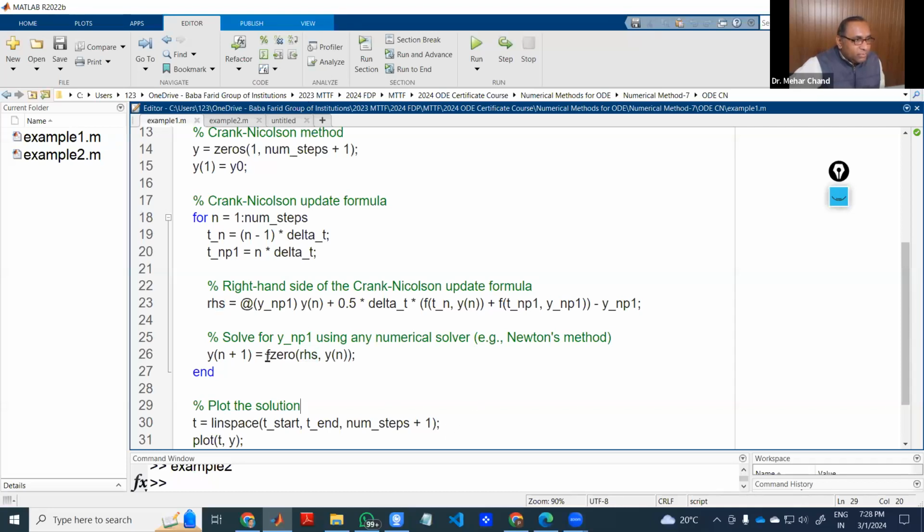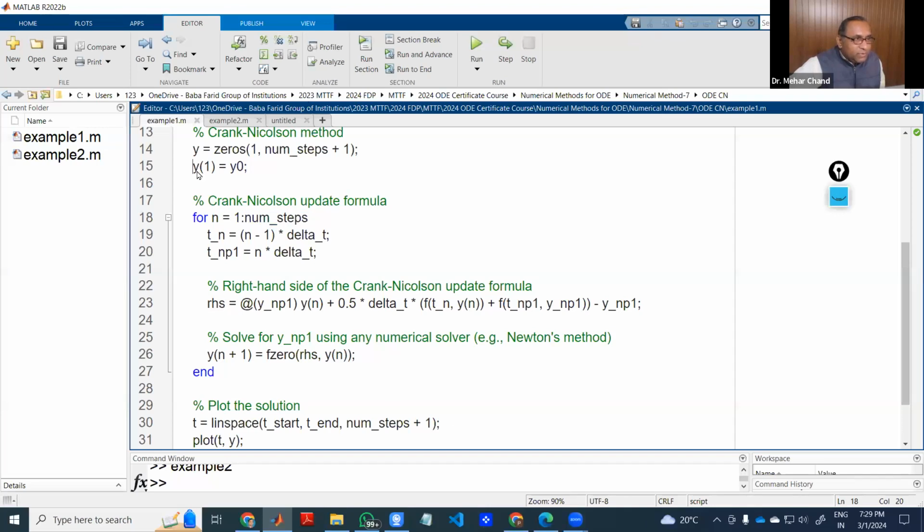Here the right hand side corresponds to yn, and we are using the zeros function. All the values corresponding to the index will start from n equal to 1 to the number of steps.